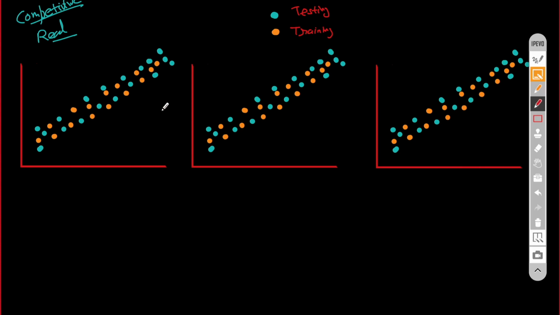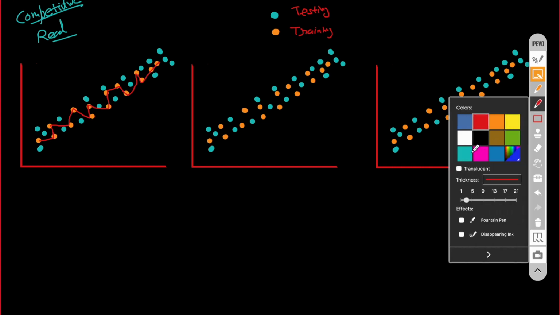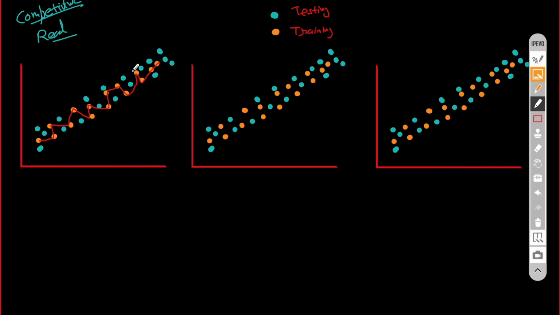When these kids who are learning the way exam is being performed follow a certain path, something like this, they learned too much. They were not able to generalize, and they are not able to understand the implementation of it. Because of that, they are far away from the testing examples.